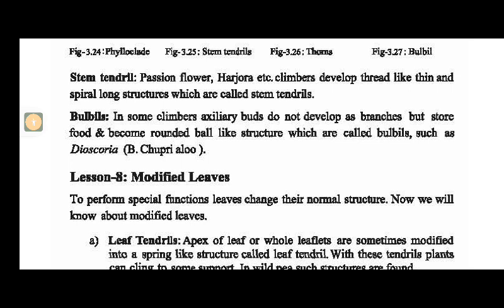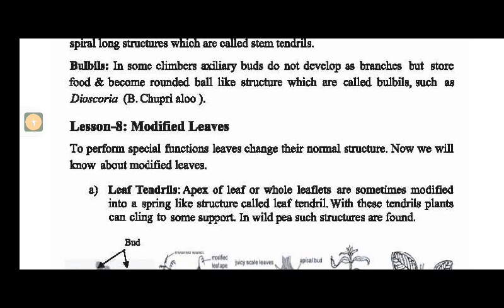Passion flower and similar climbers develop thread-like, thin and spiral long structures which are called stem tendrils. Bulbils. In some climbers, axillary buds do not develop as branches but store food and become rounded ball-like structures which are called bulbils, such as Dioscorea.